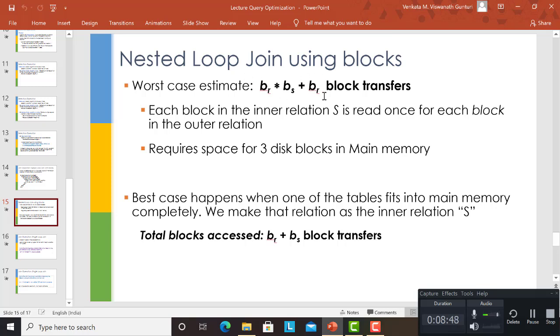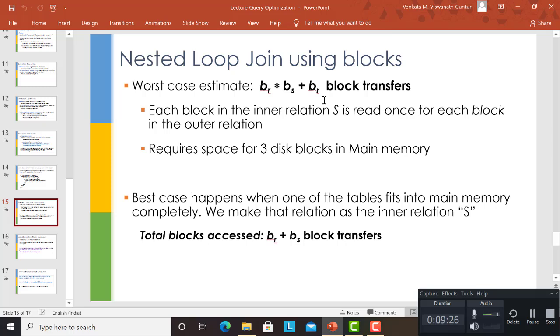So the total number of block accesses for this block nested loop join would be BR plus BR times BS, where BR is the number of blocks in the outer relation, and you read the outer relation only once, and BS is the number of blocks in the inner relation, and the inner relation gets read once for each block of the outer relation. So therefore the total expression comes out to be BR times BS plus BR.